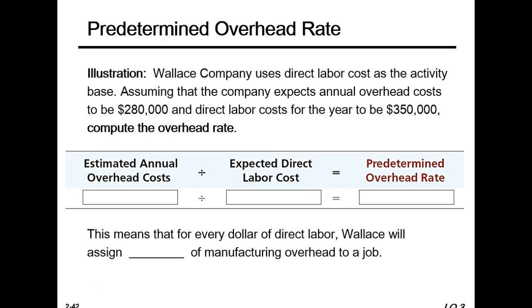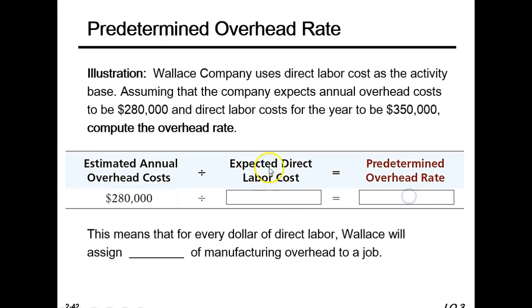So the direct labor costs are the activity base. Assuming the company expects annual overhead costs to be $280,000 and direct labor costs to be $350,000, we have to compute the overhead rate. So this is helping you learn how we come up with a predetermined overhead rate.